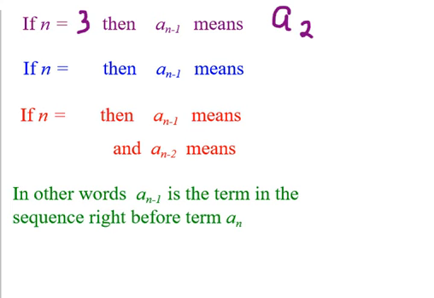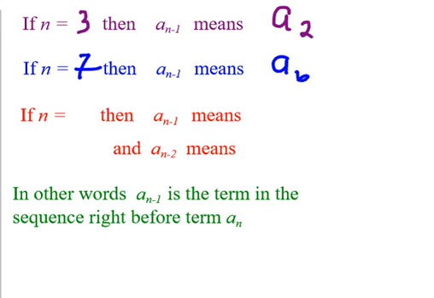And that would be the second term in my list. If n is, let's say, 7, then a sub n minus 1 would be a sub 6. And so a sub 6 would be the term that came before a sub 7.